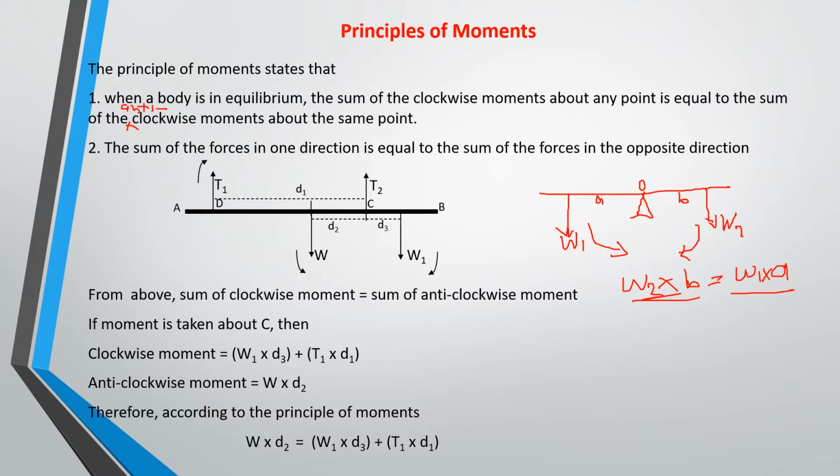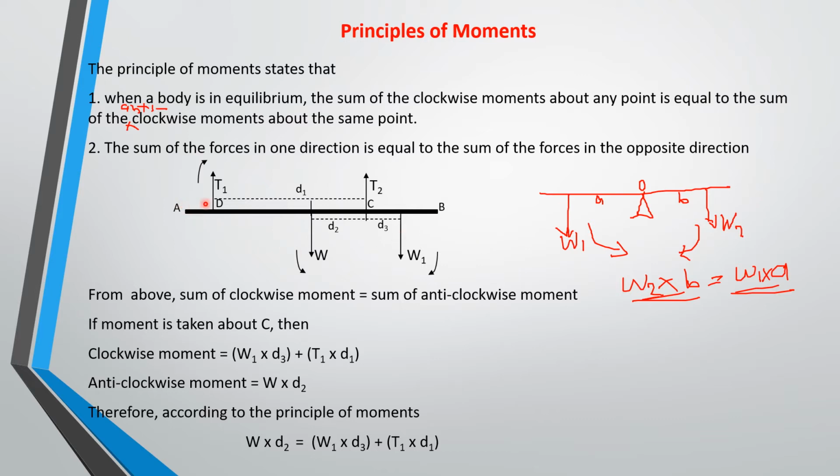Now when you have more than one force, you can have a setting like this. So the second principle is that the sum of the forces in one direction is equal to the sum of the forces in the opposite direction. These are almost the same thing. Clockwise, anti-clockwise, opposite, or whatever, they are almost the same thing.